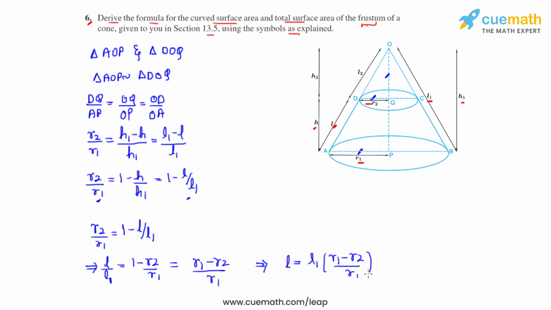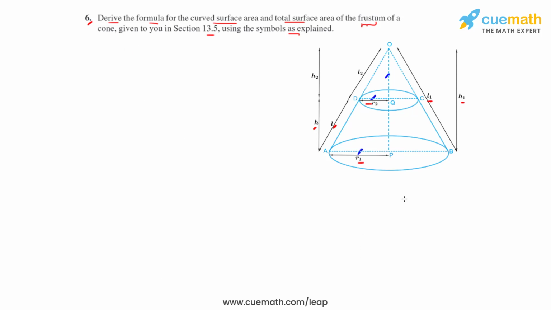Now that we have found the slant height of the frustum part, we can go on to find the curved surface area of the frustum. The curved surface area of the frustum part will be equal to the curved surface area of the bigger cone OAB minus the curved surface area of the upper cone, that is cone ODC.